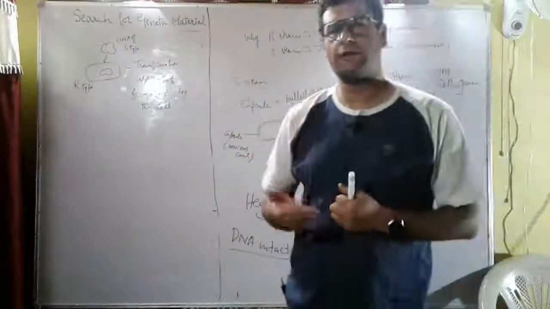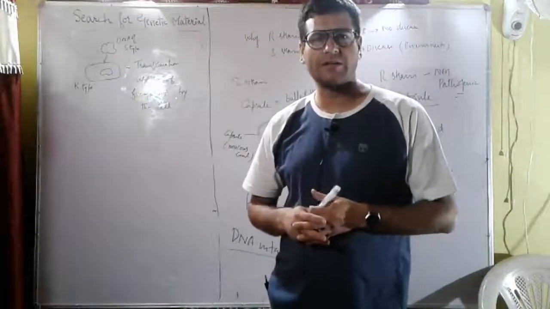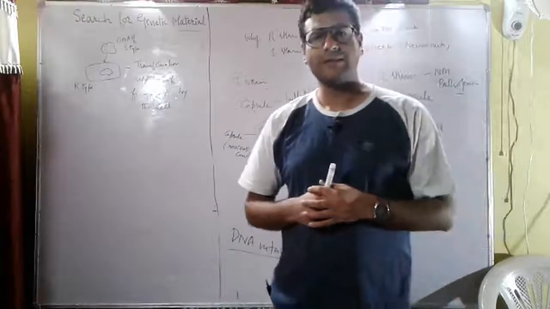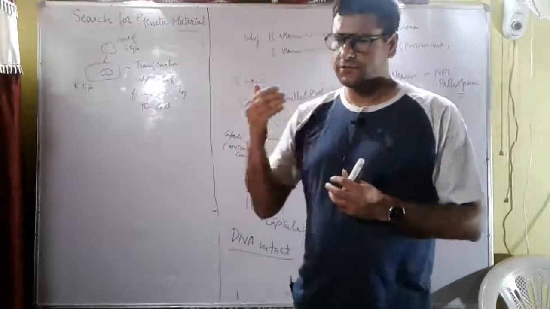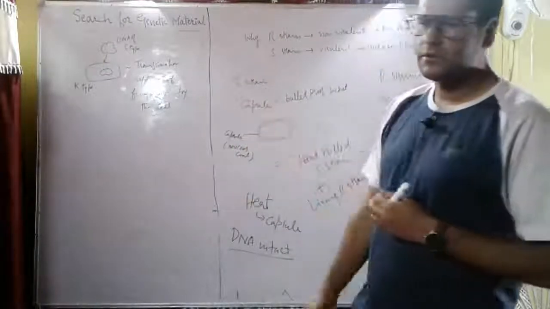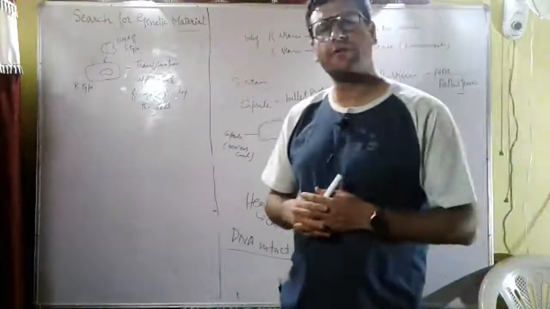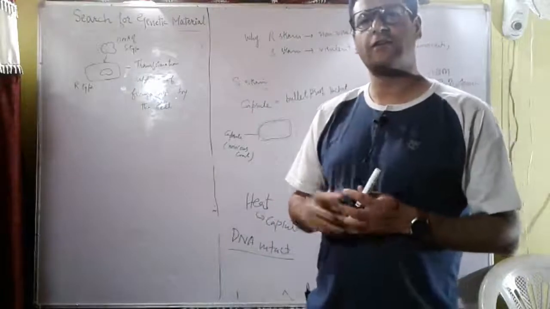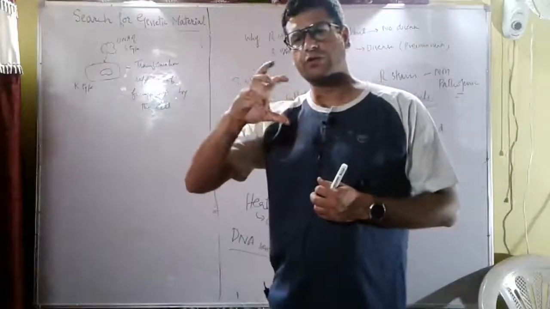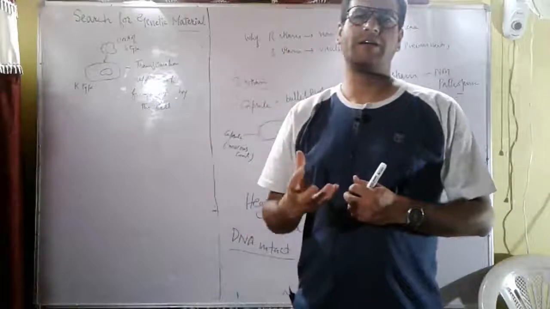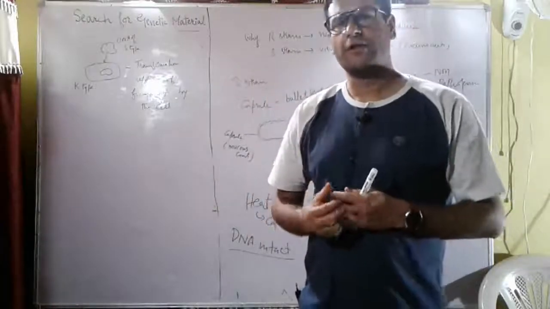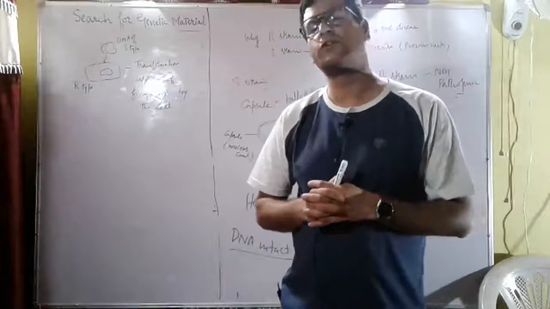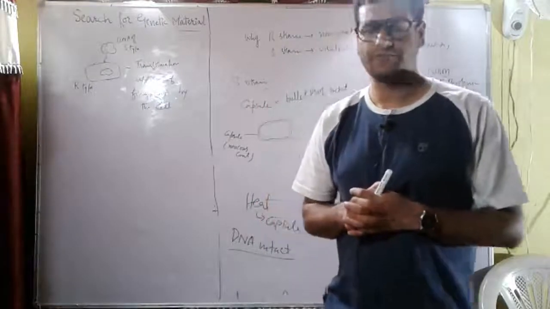Then we discussed the biochemical analysis of this transforming substance, and ultimately this experiment provides proof, a sort of evidence which suggests that it is the DNA which acts as the genetic material. It is the DNA which was picked up by the R strain of bacterium, and that R strain got transformed, got changed into the S strain of bacterium.